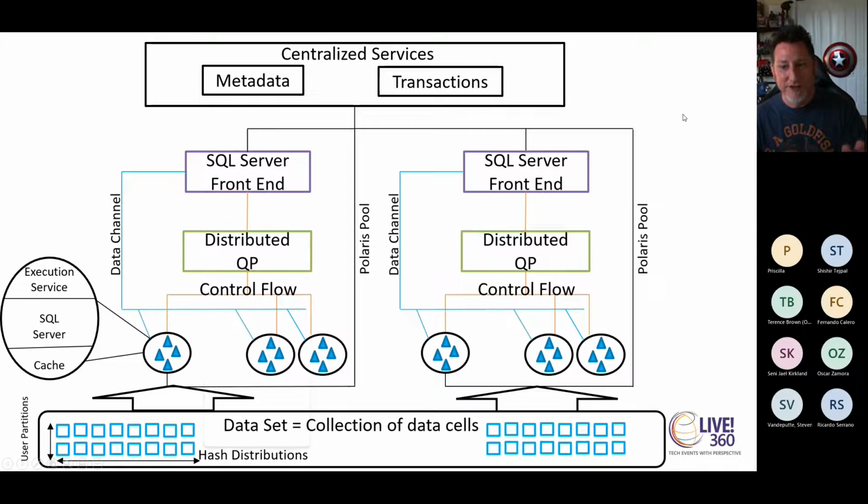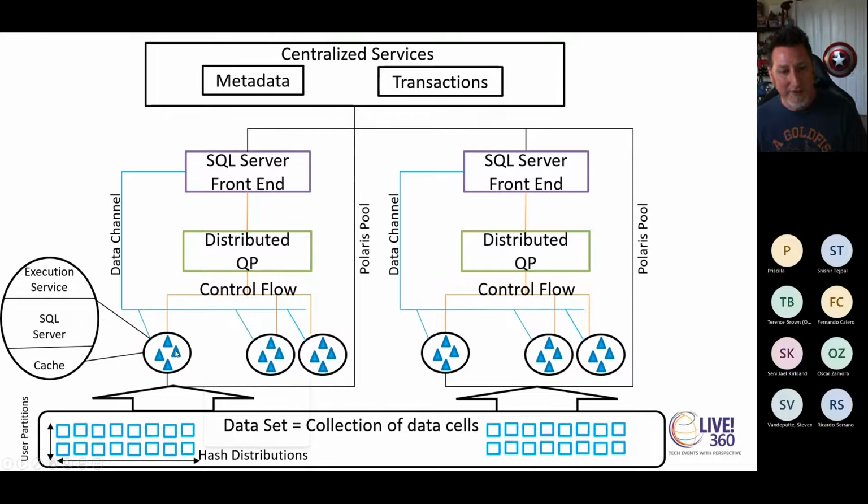So the architecture that we're really looking at here, the way it's working, is we've got these centralized services with metadata and transactions. Each SQL Server front end essentially has a distributed query processor and a control flow.